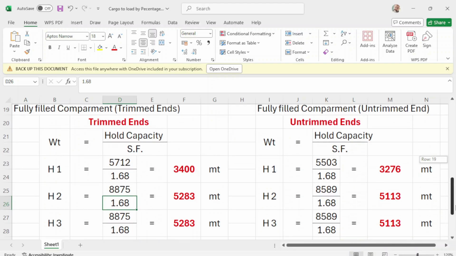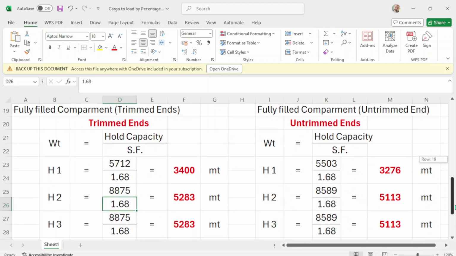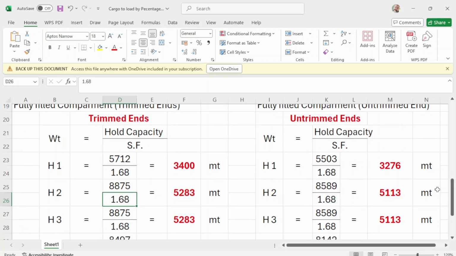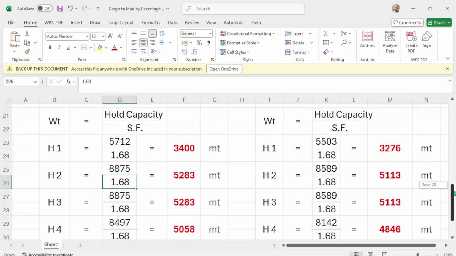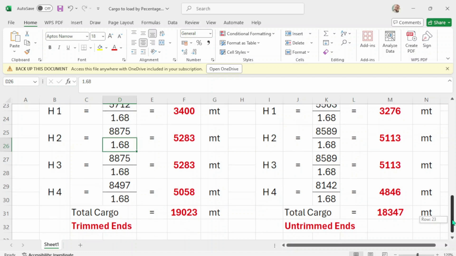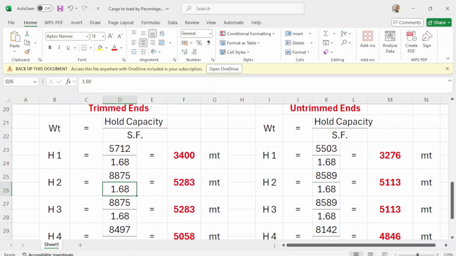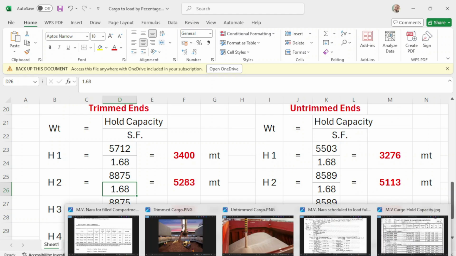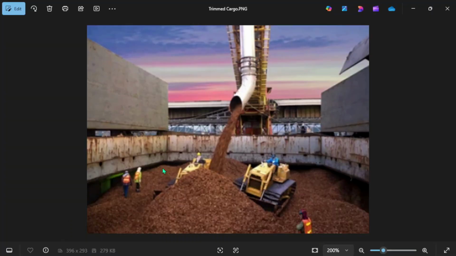So what I'm trying to figure out is what is the difference between trim ends and untrimmed ends. Take note, when you trim ends, your total cargo is 19,223, because when you trim, you put all the cargos on the edge, so there's no space.